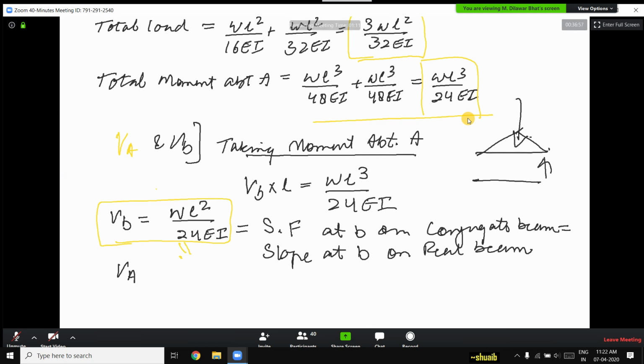We cannot say that slope at A is equal to slope at B. So in order to calculate slope at A, we have the total load, which is 3 times WL square by 32 EI, minus VA. We have to subtract VA from the total load, that is WL square by 24 EI.